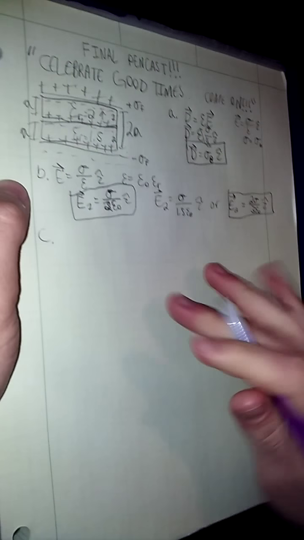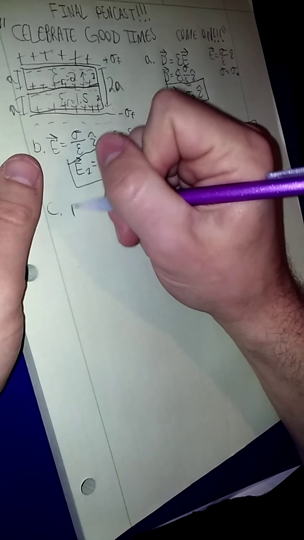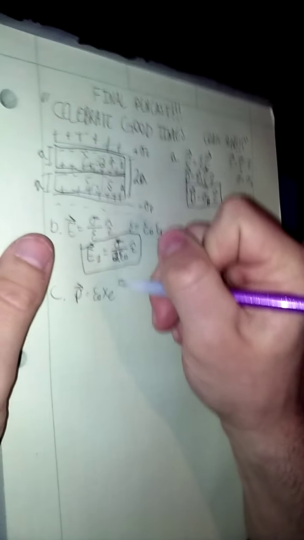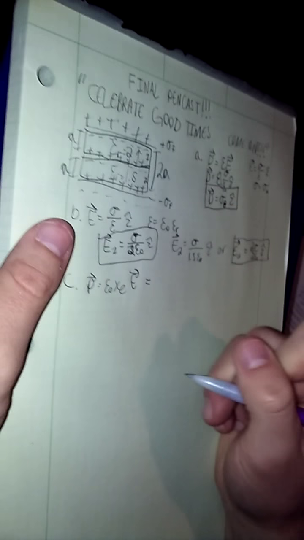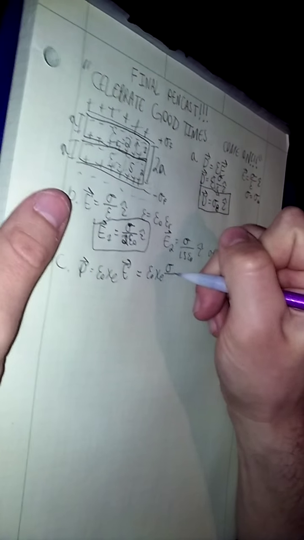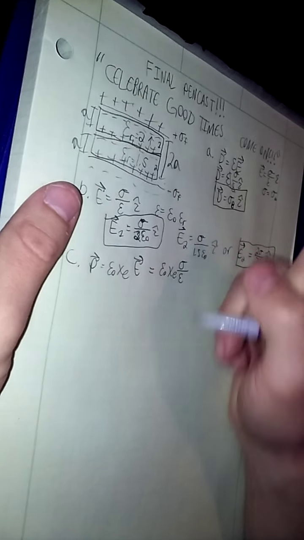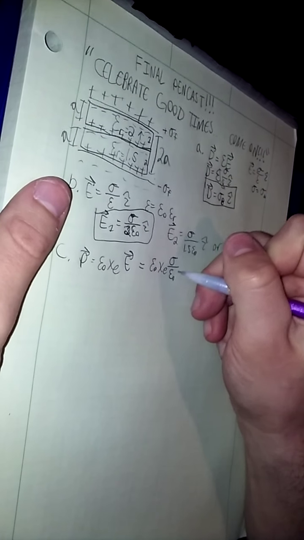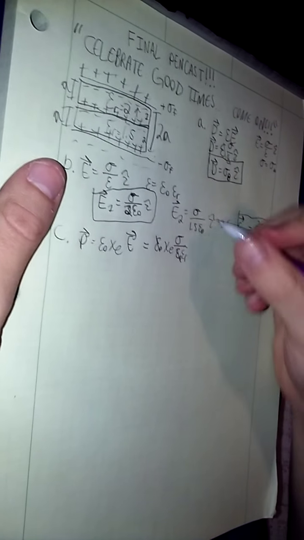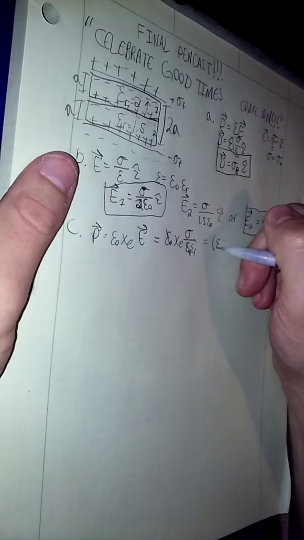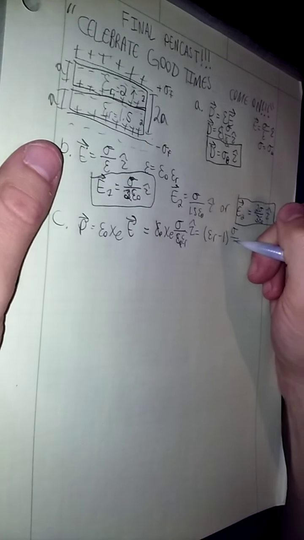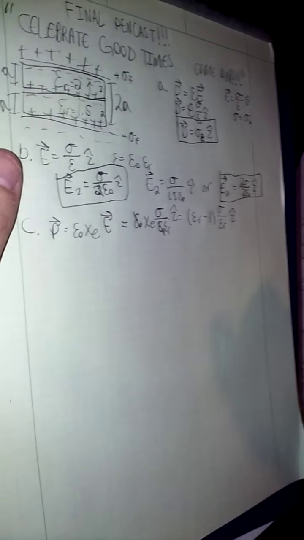Part C, we now need to find the polarization. Polarization equals epsilon naught times susceptibility times the electric field. Epsilon naught susceptibility sigma over epsilon naught epsilon sub r. Epsilon naughts cancel. The susceptibility is epsilon r minus 1, so this is epsilon r minus 1 over epsilon r, times sigma, in the z-hat direction.